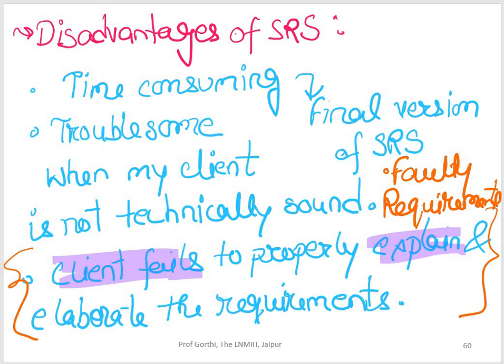For example, for a university application, my client has said that I need to have a grading system, and this is the only thing explained. Now the developer comes up with a solution where the grading scale is from 0 to 4, whereas my expectation was from 0 to 10. So you can call it an incomplete requirement, plus as an end user I failed to explain what actually I'm expecting out of this particular product.